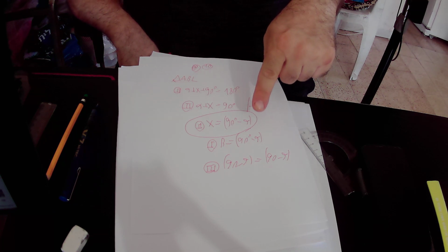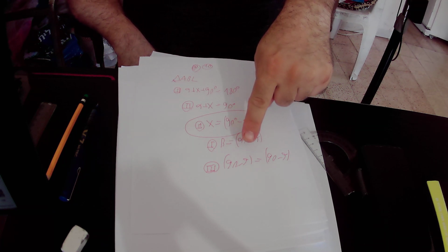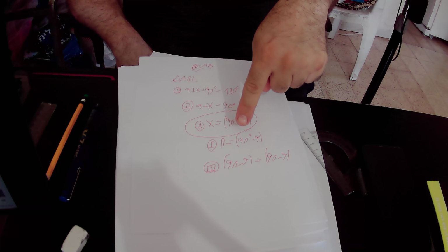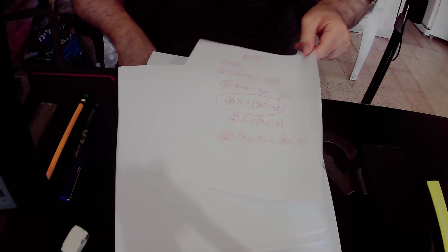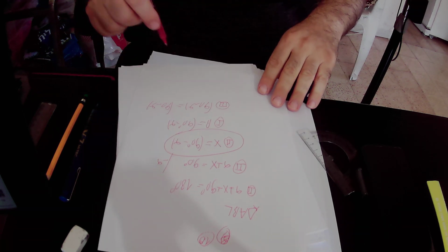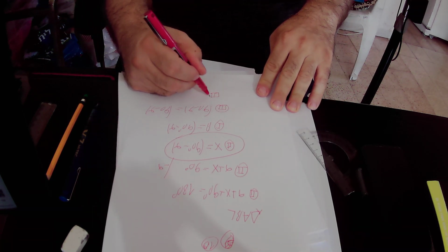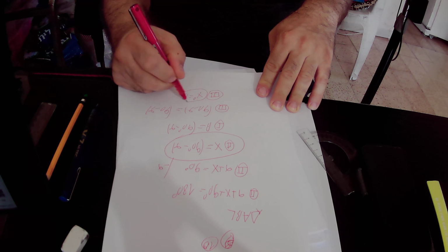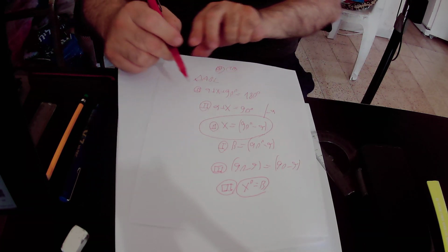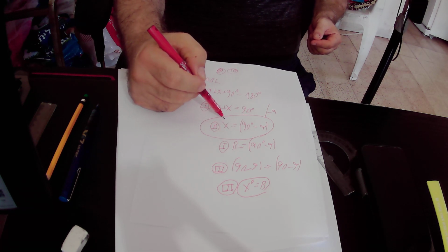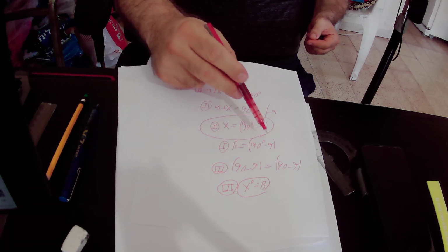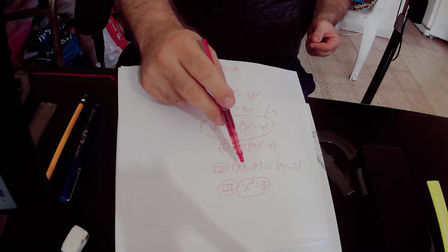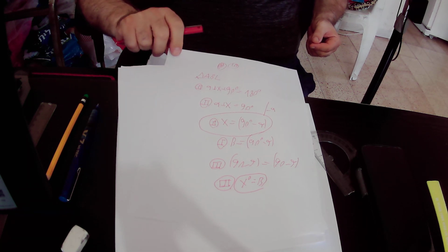Then we substitute 90 degrees minus alpha on this side of the equation by x, and on this side by beta, and we get that angle x equals beta.